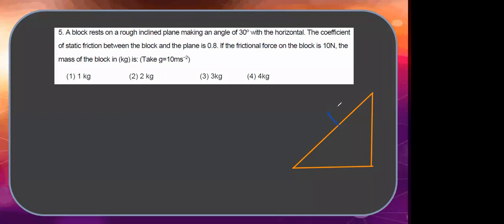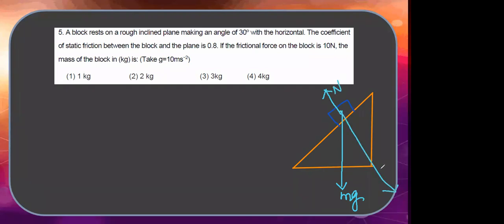On the inclined plane, a block of mass m is placed. The weight of this block acts in the downward direction, and the normal reaction acts upwards.